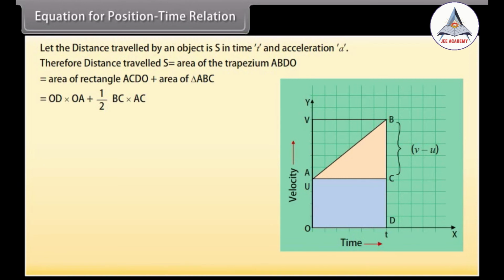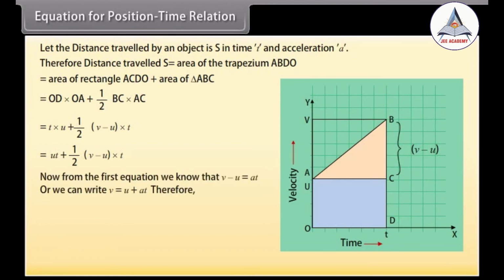Now putting in the values, we get t into u plus 1/2 into (v minus u) into t. On solving further, we get ut plus 1/2 (v minus u) t.